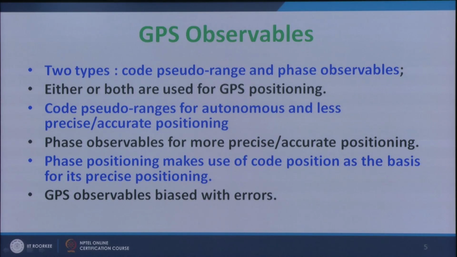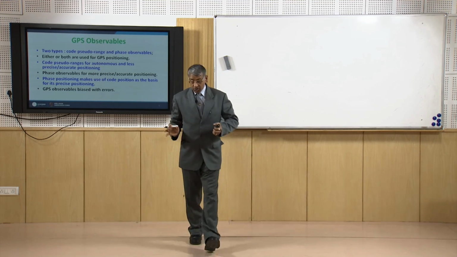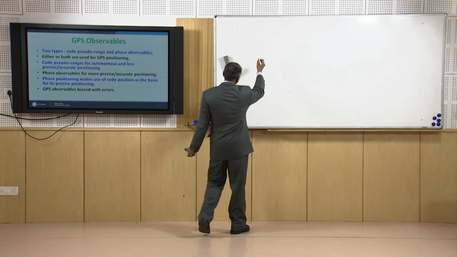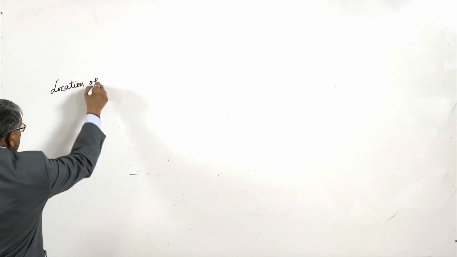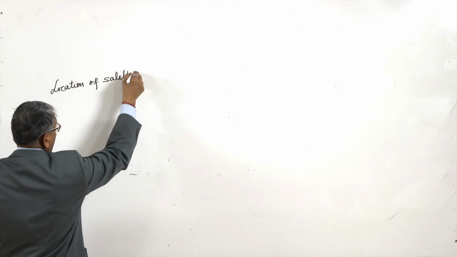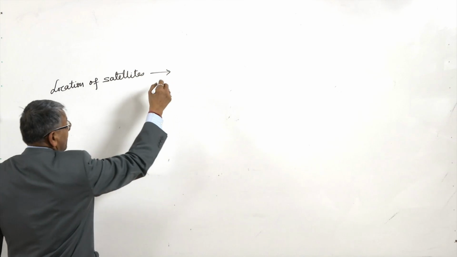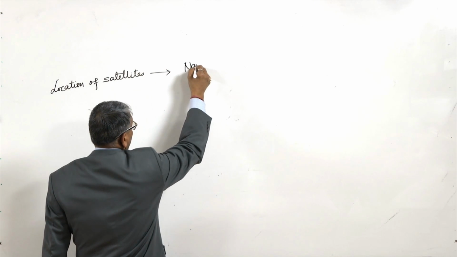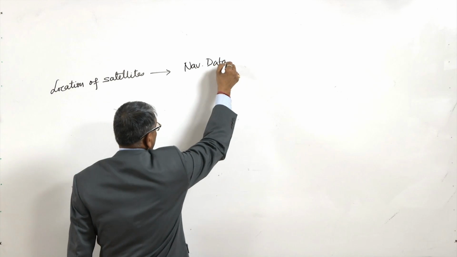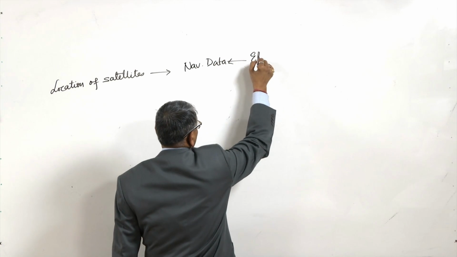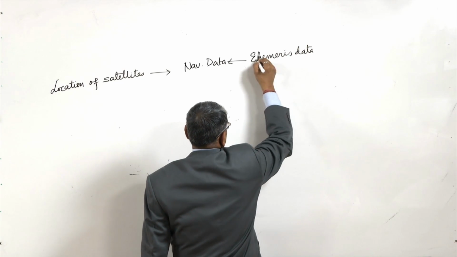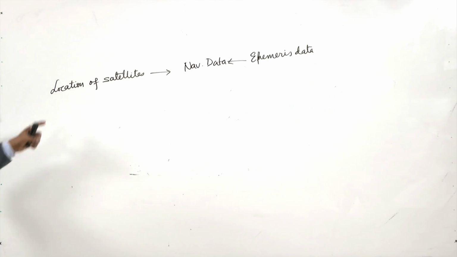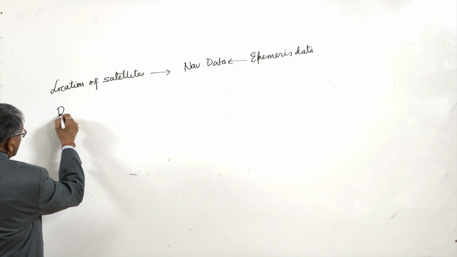Now you have seen that to find out the unknown position using GPS, we need to have the location of satellites, and these are available in the navigation data, or within the nav data it is the ephemeris data which provides us the location of the satellite, and we need to have ranges.